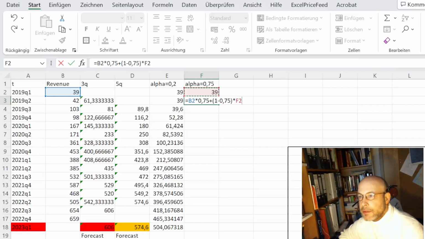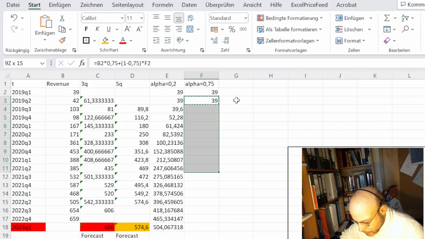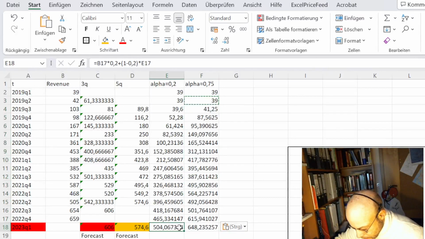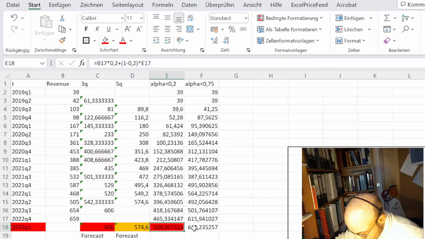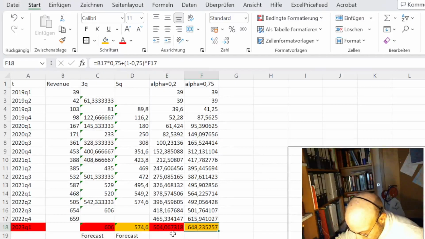The first one is of course the same as our data point, so nothing changes, but then in the next case we will see our change, and then we have these two as a forecast.